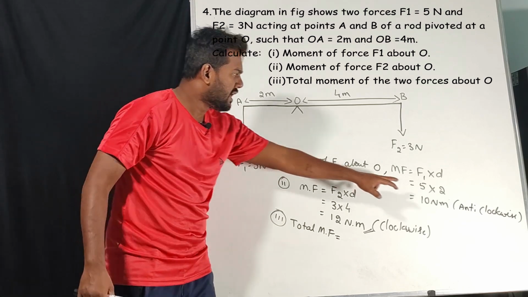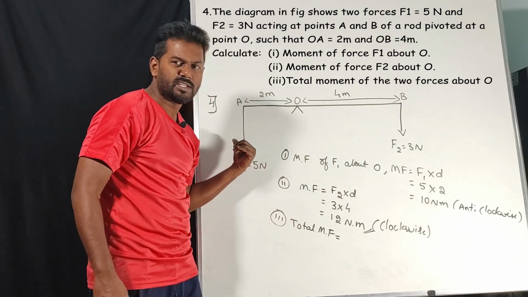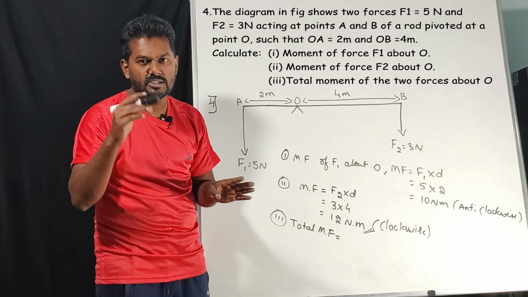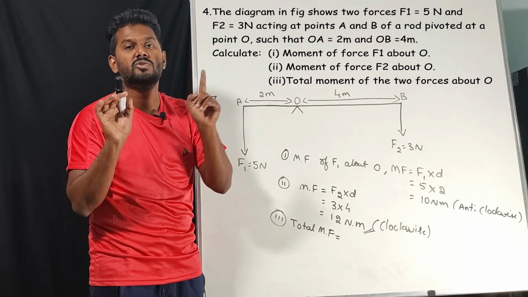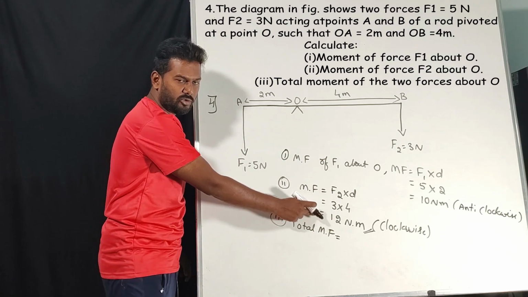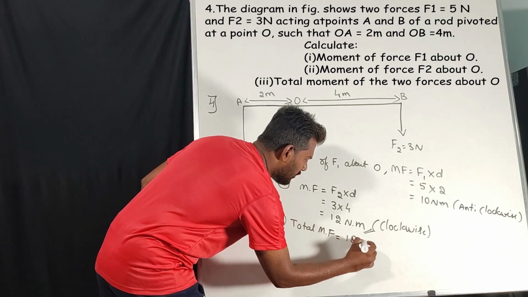So force F1 is anti-clockwise. Force F2 is clockwise. So they are in opposite directions. That is nothing but different directions, so we have to subtract it. Which is the bigger value? Force F2. Write that first. 12.